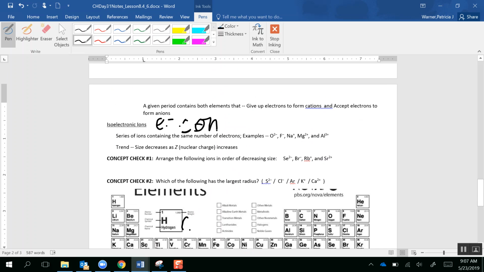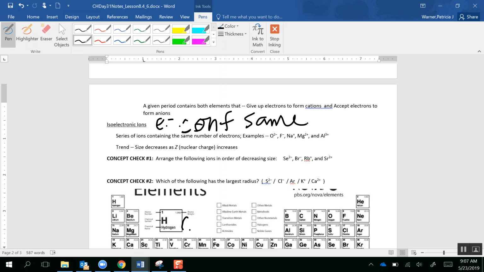So that means they have the same number of electrons, but they have different numbers of protons, because protons give an element its identity or an ion its identity. The trend is that the size decreases as the nuclear charge increases. The nuclear charge increases because the protons are increasing, and as the positive charge in the nucleus increases, it's going to pull the electrons in tighter.